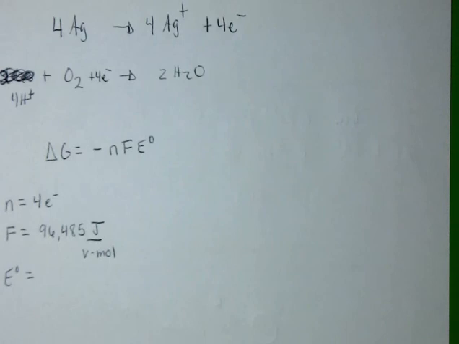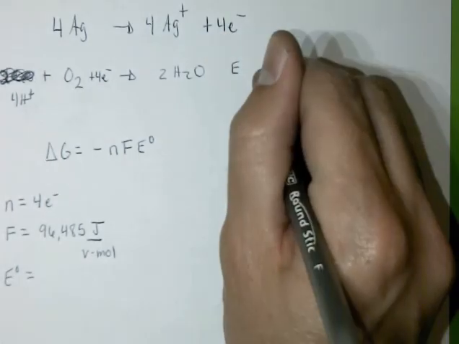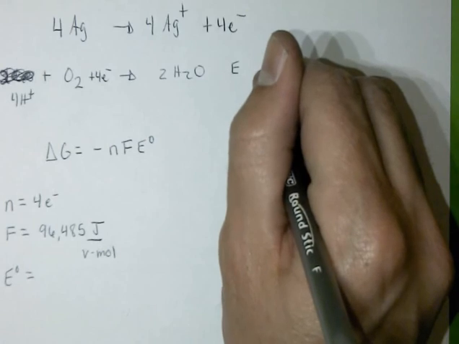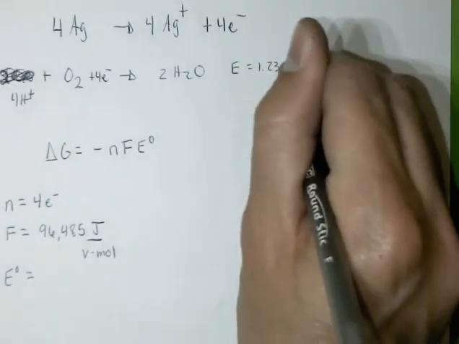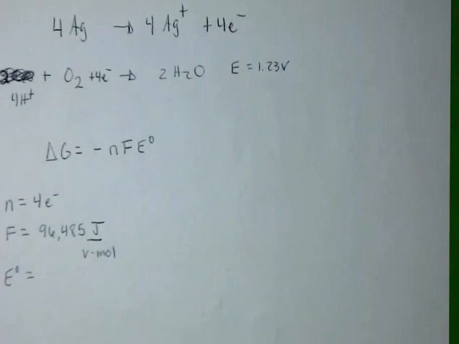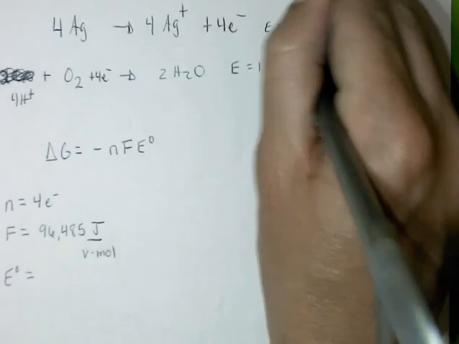The value for the reduction is 1.23. And on the top, looking at the silver value, it's 0.80 on the chart.